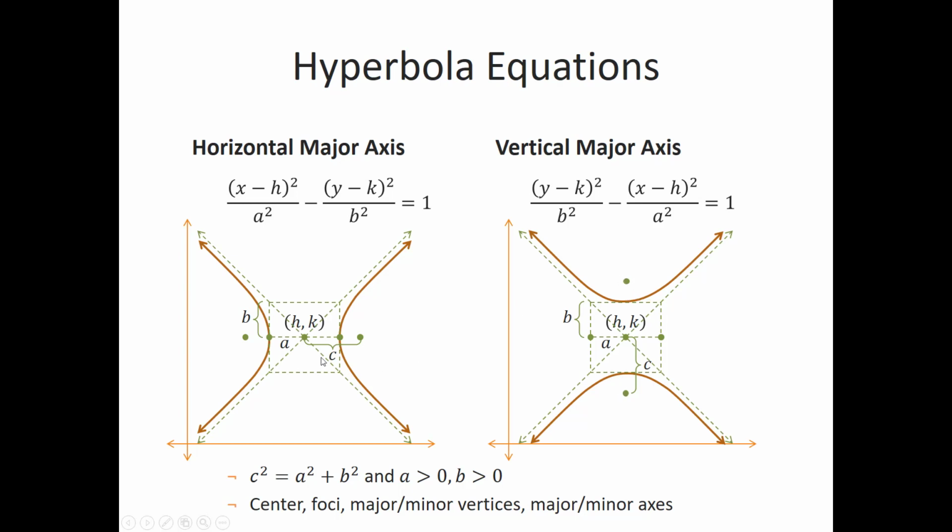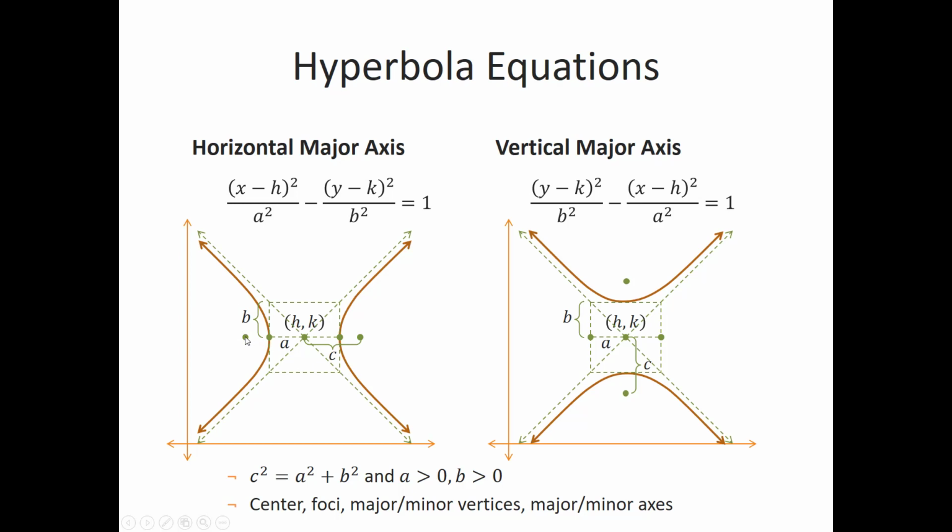Notice this time, though, that the value of c is going to be larger than a or b, because the foci have to be outside. In other words, the curve is always curving around. So this curve here is bending around the right focus, and then this curve is bending around the left focus.